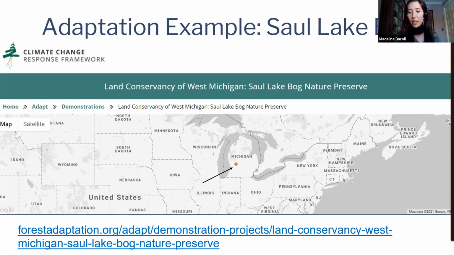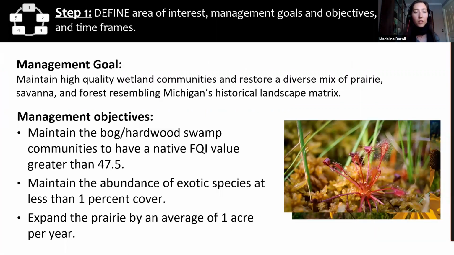So this site is in Western Michigan. It's a mix of bog and prairie and forest habitat, and it's stewarded by the Land Conservancy of Western Michigan. The main reason they acquired this area in the first place was because they wanted to protect the unique bog habitat. So their main goal was to preserve a diverse mix of native species present on the site, and also to do some prairie restoration.